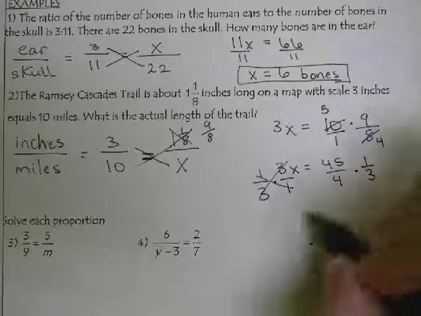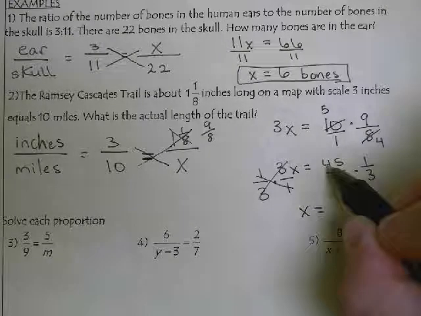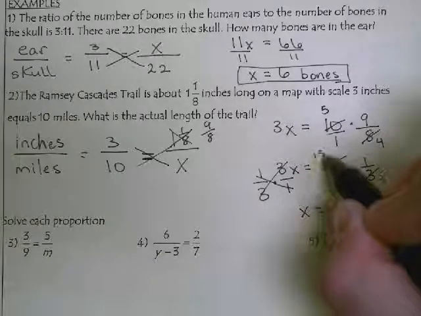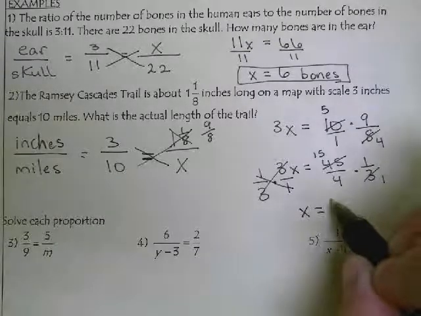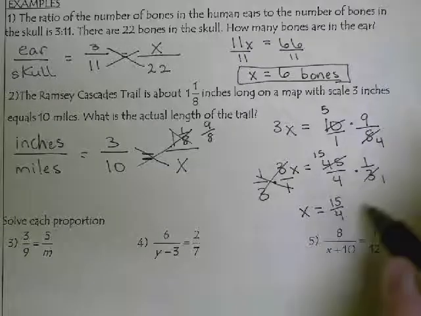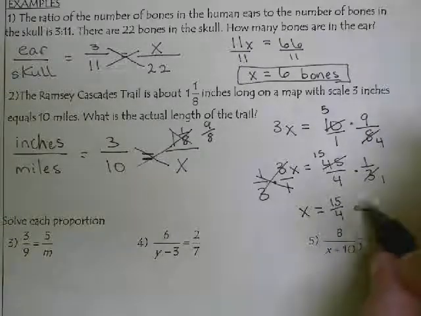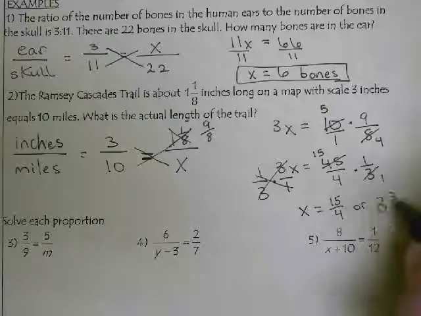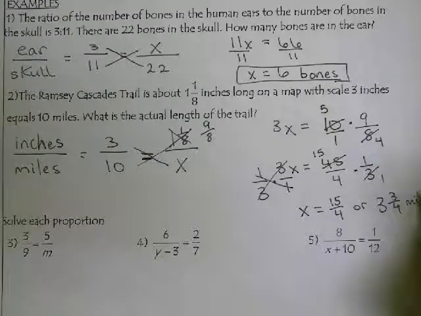Those cancel and we get x equals, 3 divided by 3 is 1, 45 divided by 3 is 15, and we get 15/4, or 3 3/4 miles.